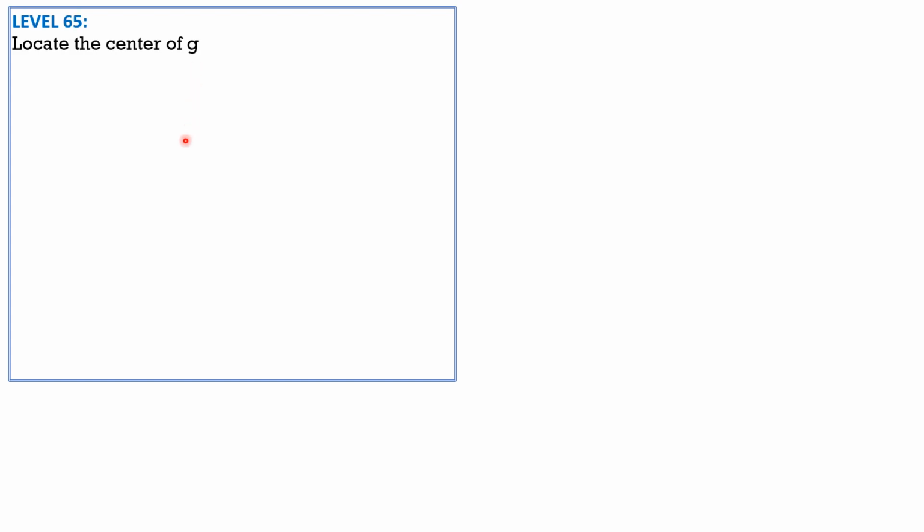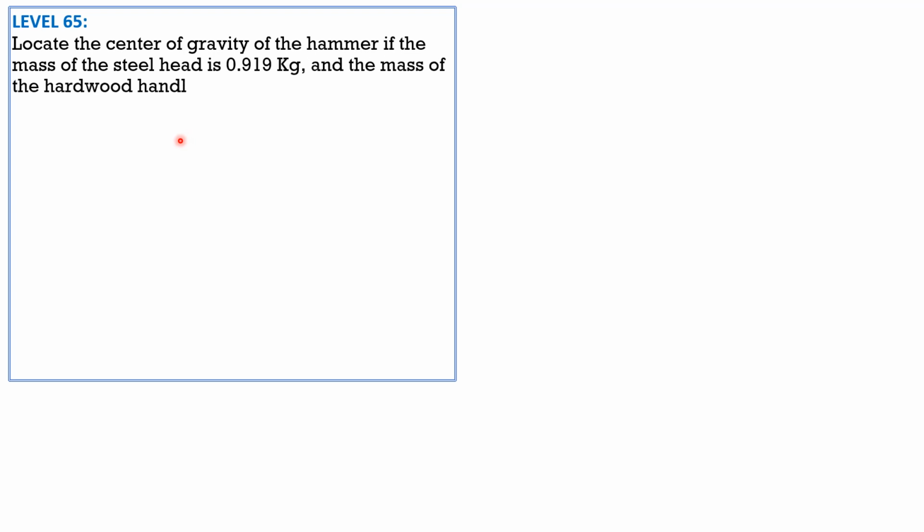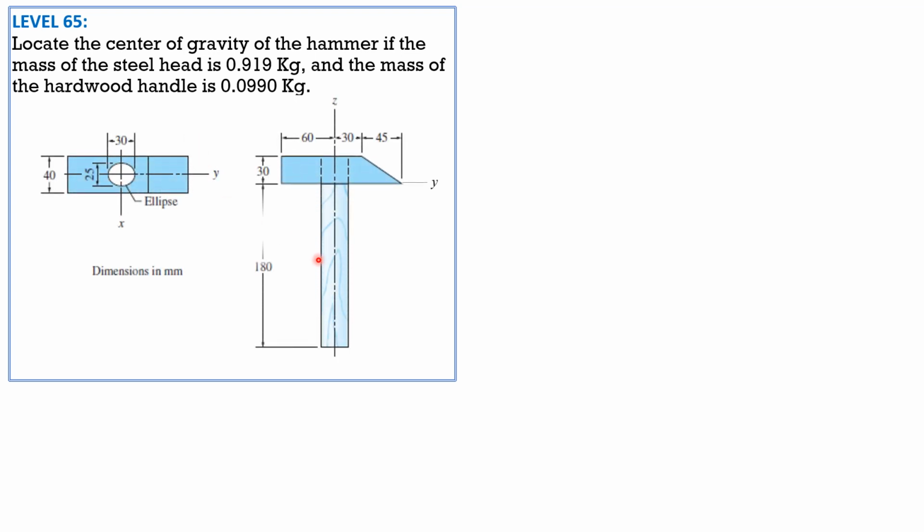Locate the center of gravity of the hammer if the mass of the steel head is 0.919 kilograms and the mass of the hardwood handle is 0.099 kilograms. So this is the figure. This is the top view. We have an elliptical part here, which is occupied by the hardwood handle.